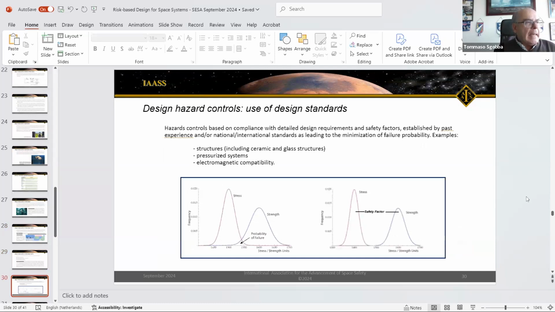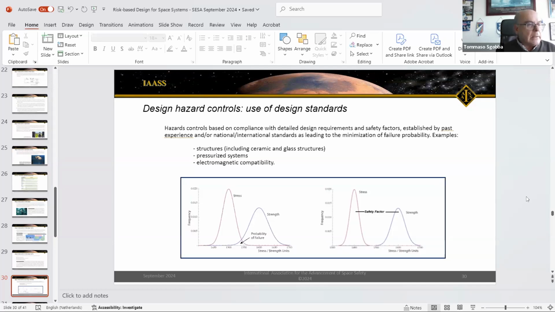Use of design standard. We have been talking about redundancy. We have been talking about credible failure. Now, there are a number of cases in which the technology that we use in space has matured to a level that we can assume that basically the reliability of this system is equal to 1.